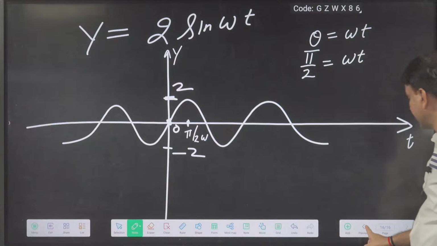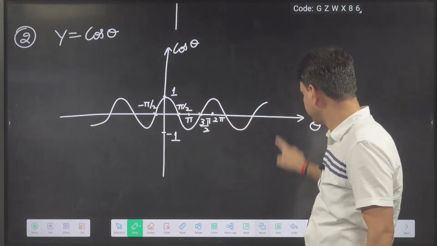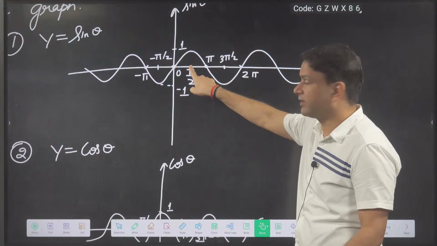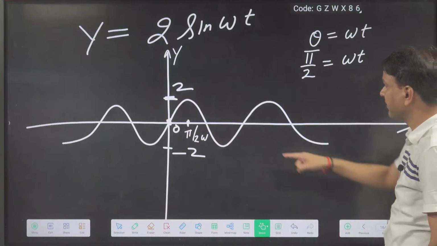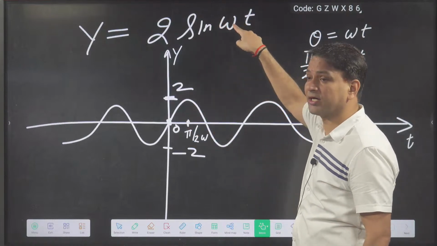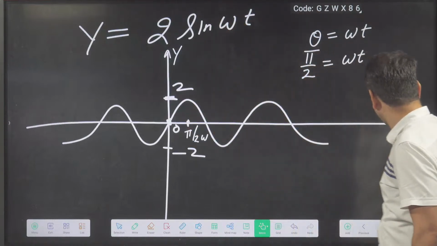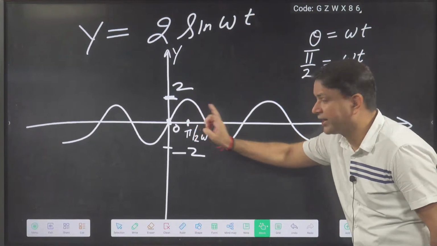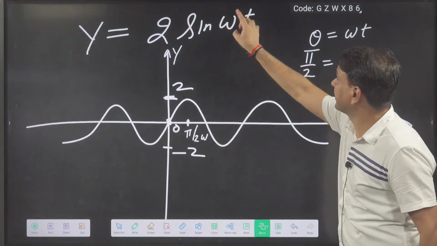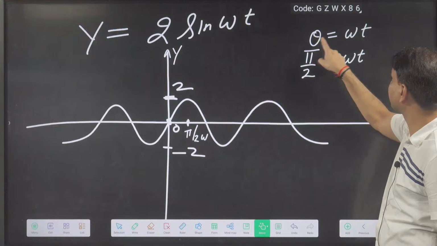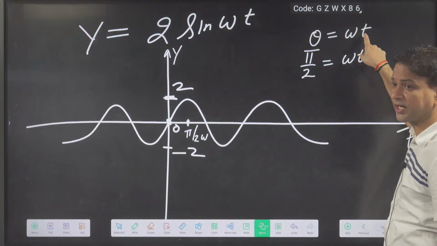I repeat again: in the graph of sine theta, the theta value I got here was pi by 2. The pattern is the same, so here the theta value will also be pi by 2, but I am not writing theta here, I am writing omega t, and on the x-axis I am plotting t.